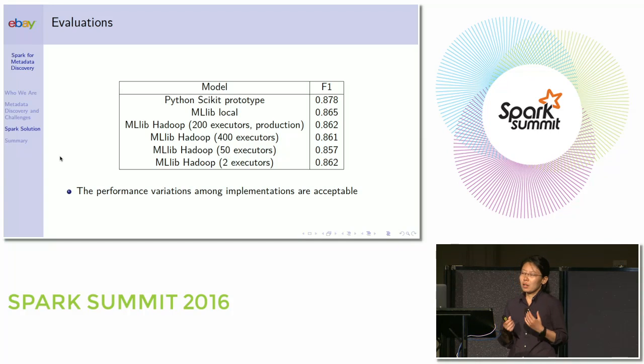It seems that they're not completely correlated with the performance. So right now we still have limited understanding of the implementation of MLlib, so still not very sure about this one. And also we found that Python has slightly better performance than MLlib.